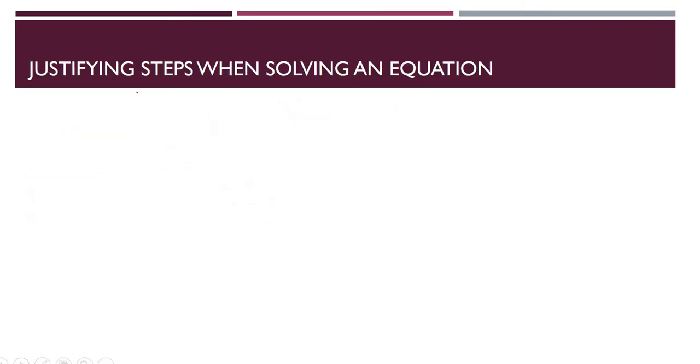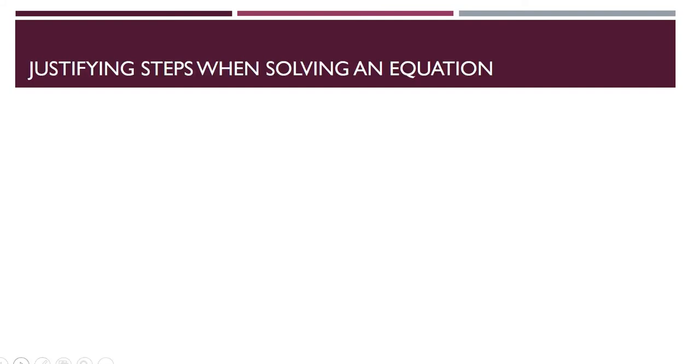So, justifying your steps when you're solving an equation. Let's say that we have a diagram that looks like this. And I'm going to call this angle AOM. And this angle will be MOC.